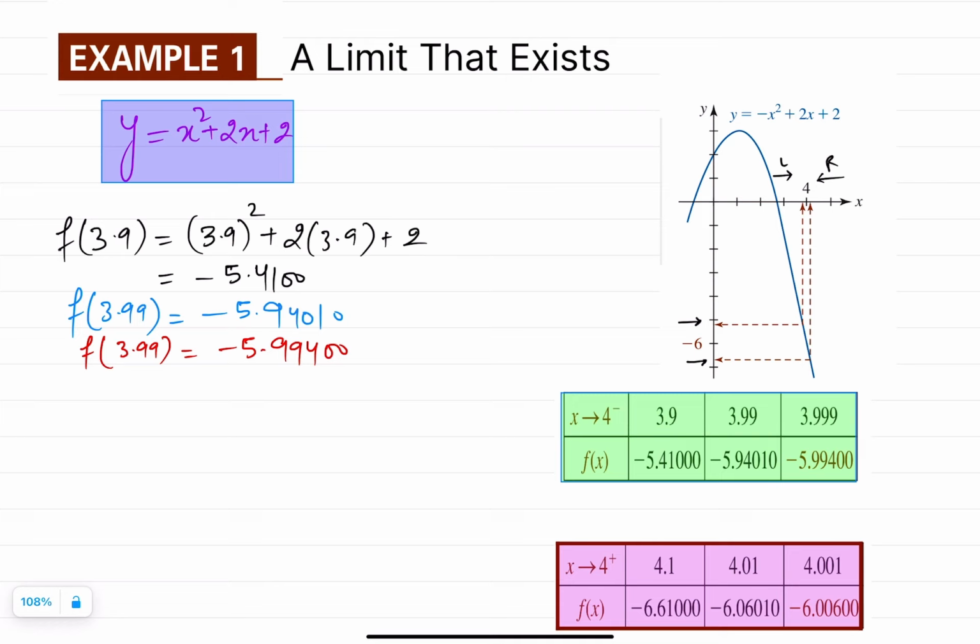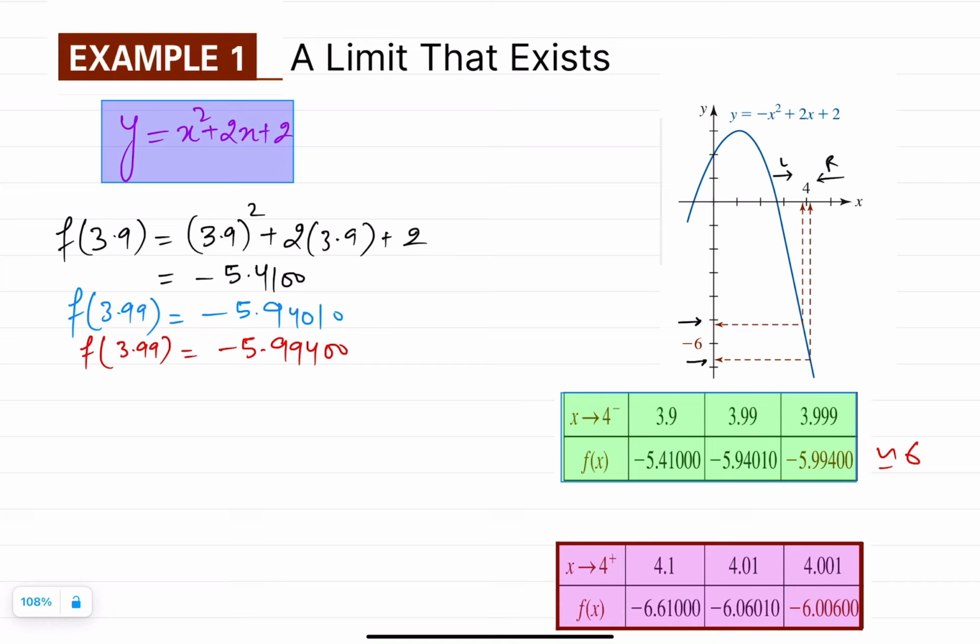We can observe that on moving from the left hand side closer to 4, the function is approaching the value -6, almost equal to -6.